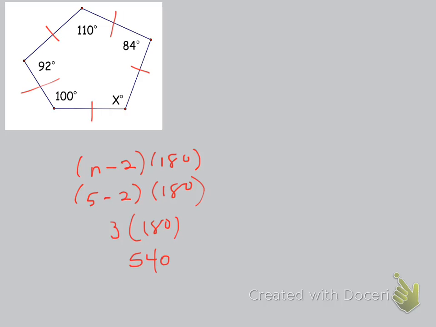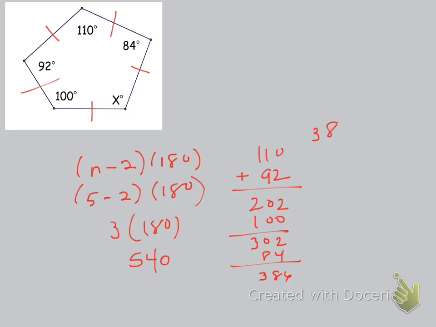So 110 plus 92. Plus 100. Plus 84. So it has 386, so now you have 386 plus x should equal 540 degrees.